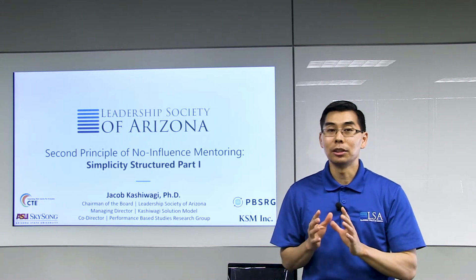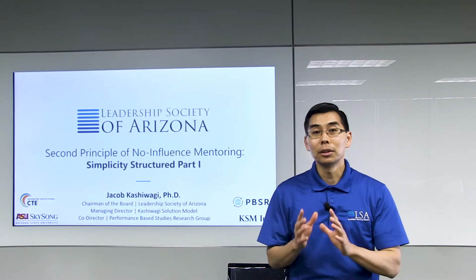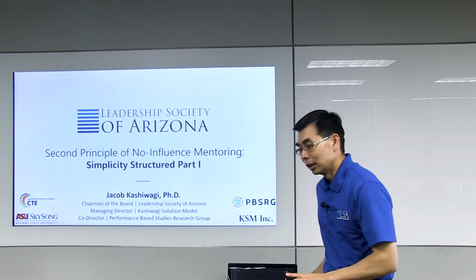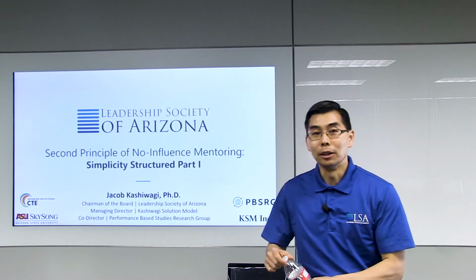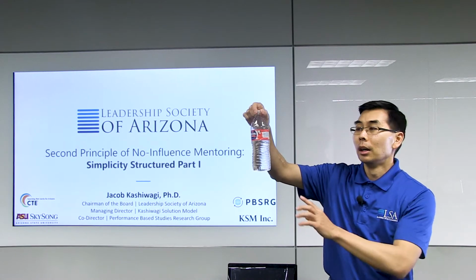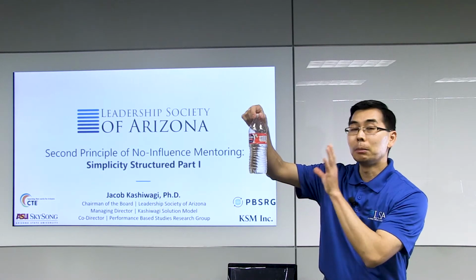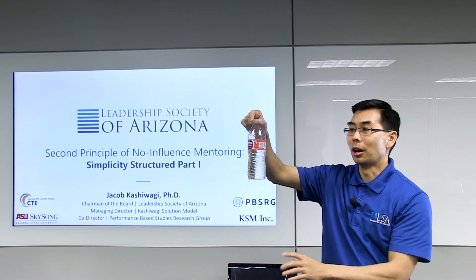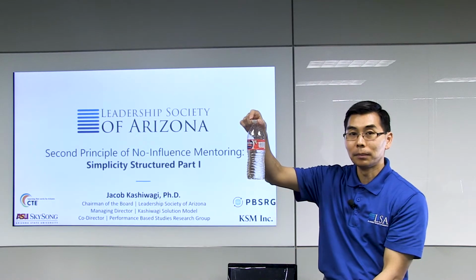This is simplicity structured. Simplicity structured, the best way I can explain it is, again, with the law of gravity or with this water bottle now. This is what we call simple because people can clearly see exactly what's going on. If I release it, it's going to fall.